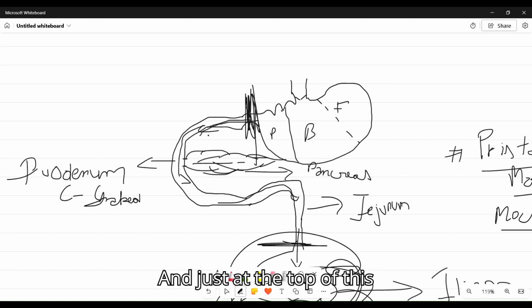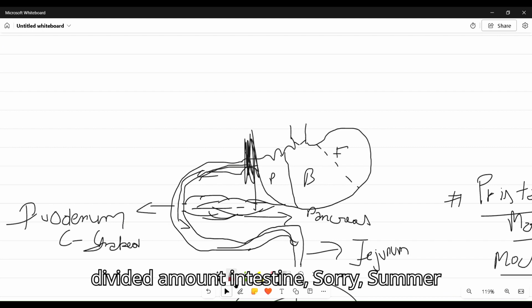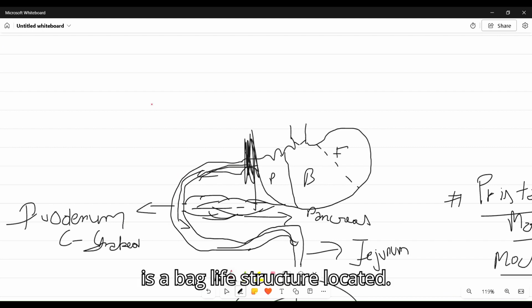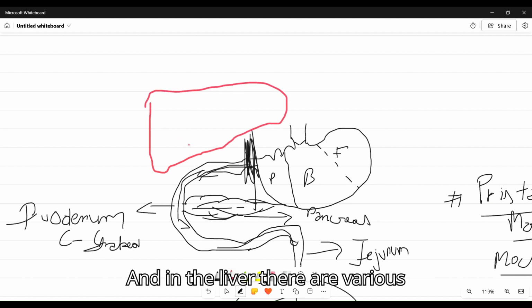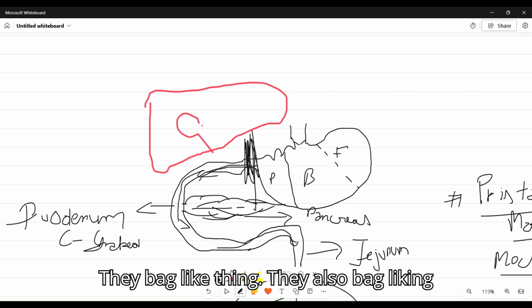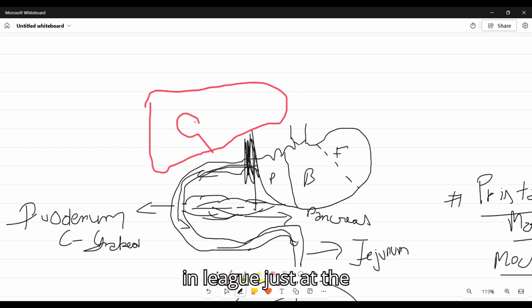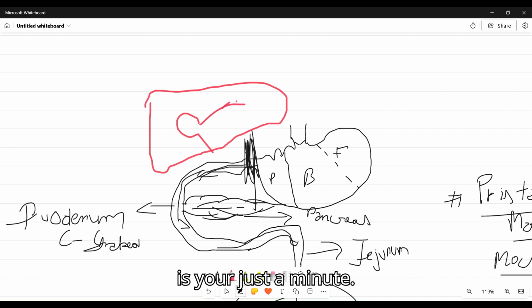And just at the top of the duodenum and stomach is a bag-like structure, which is the liver. In the liver there are various veins. There is also a bag-like thing at the upper part of the liver, which is the gallbladder, and I will discuss what it does in just a minute.